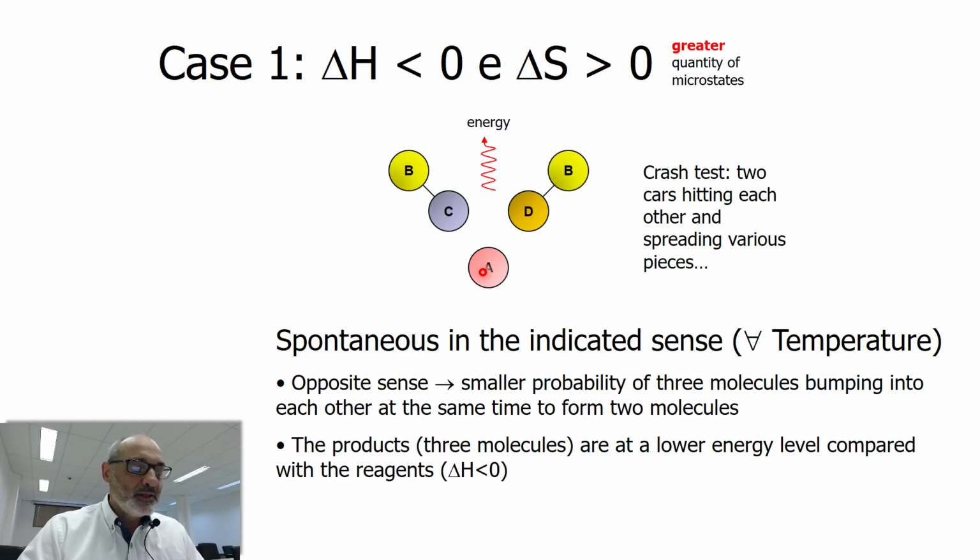I wouldn't say impossible, but almost impossible. Another point is that the product's three molecules are at a lower energy level compared with the reagents. This justifies the fact that the process is exothermic.